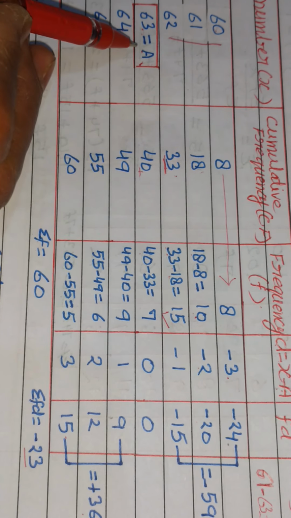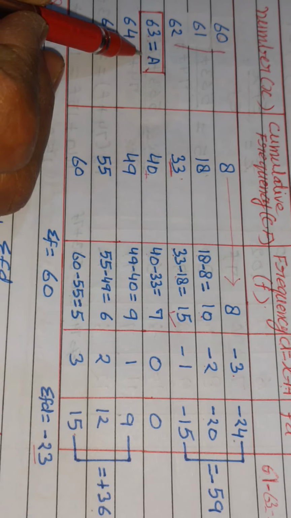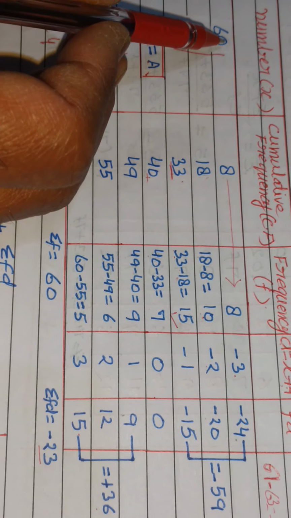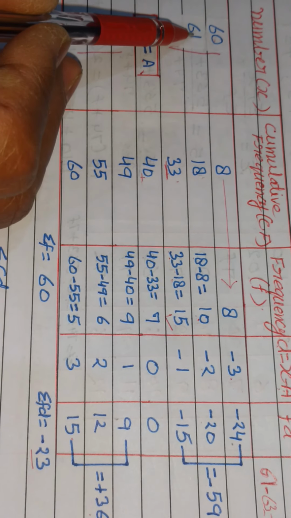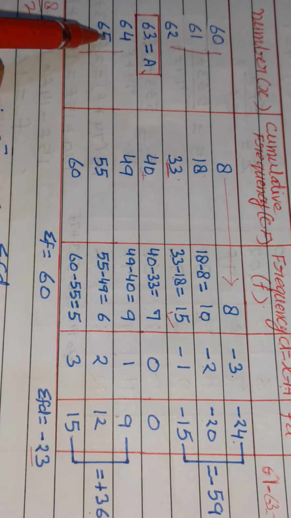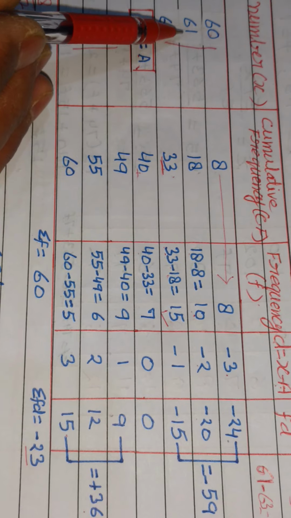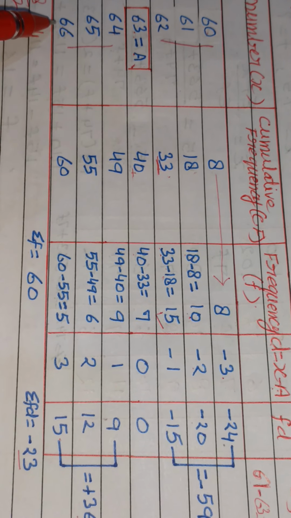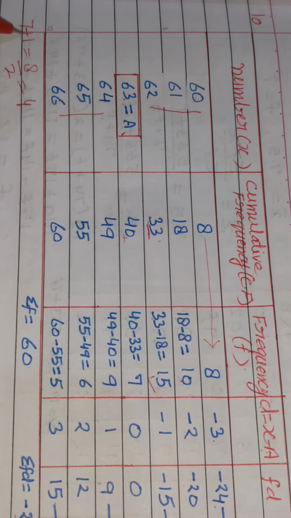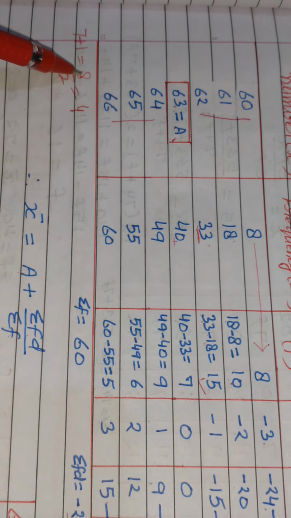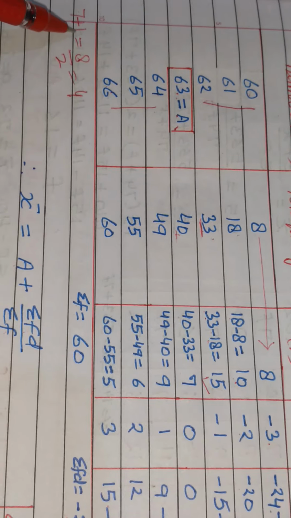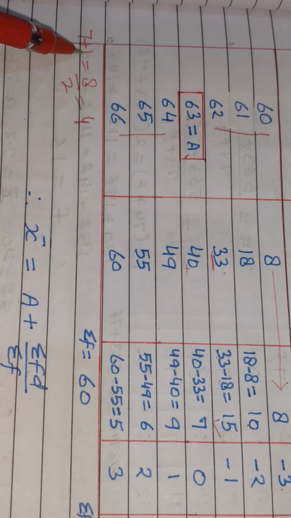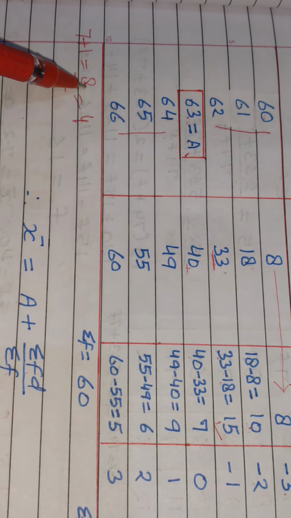So first, for finding a, first of all we count the number of terms in x. Here see, it is 1 2 3 4 5 6 7. So there are 7 terms. So we add 1 to make it even. When the number of terms is odd, like here 7, to make it even we add 1. 7 plus 1 equals 8.